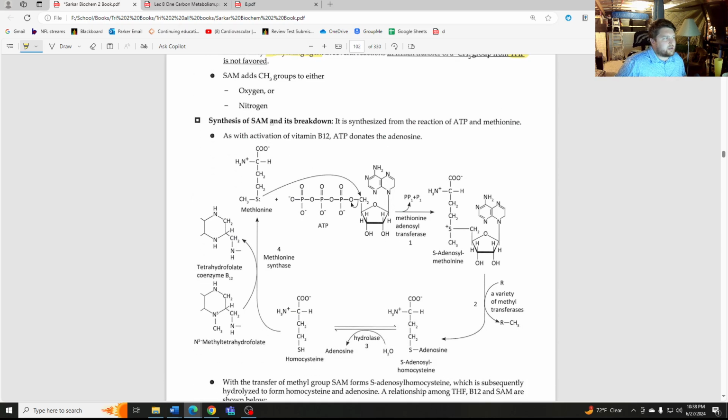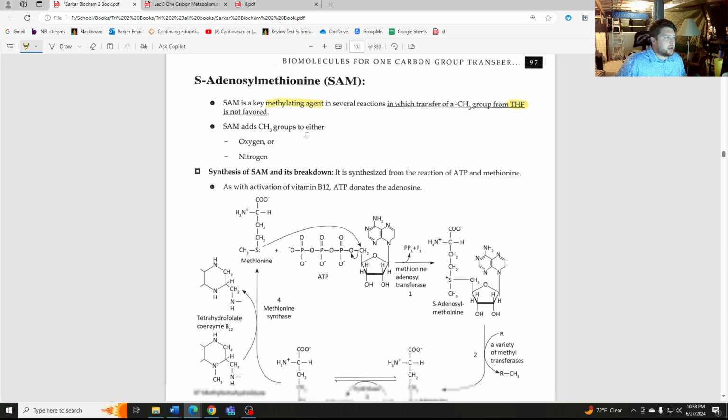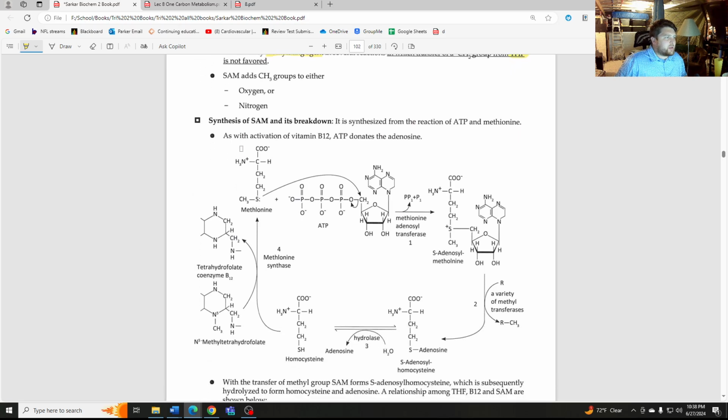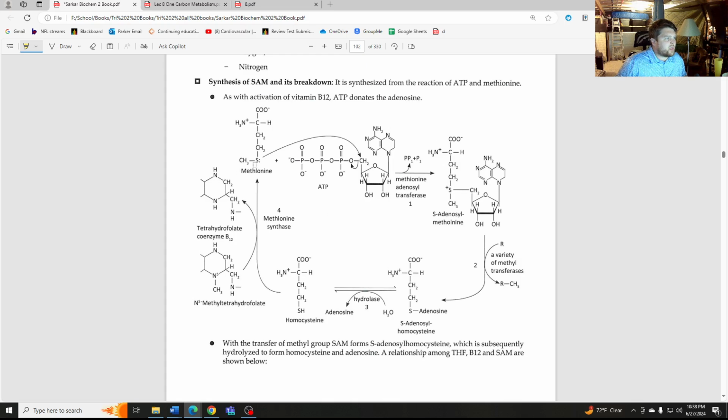So the synthesis of SAM and its breakdown: it is synthesized from the reaction of ATP and methionine. We see that adenosyl methionine. As with activation of vitamin B12, ATP donates the adenosine. So we can look right here: methionine, the ATP, methionine adenosyl transferase.